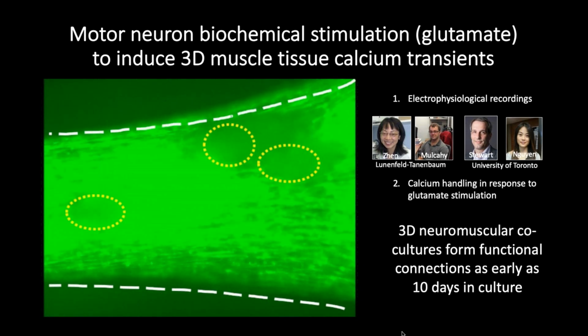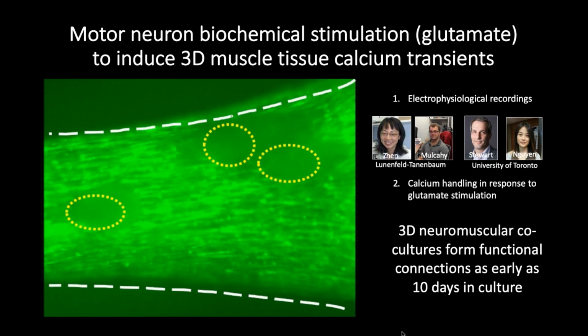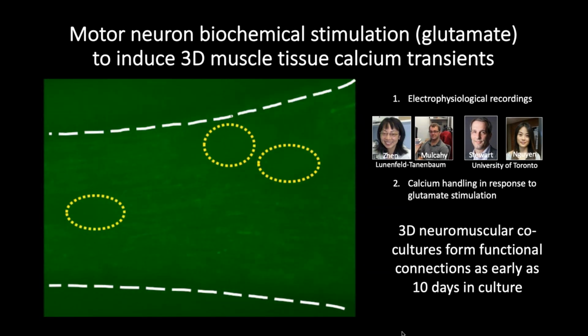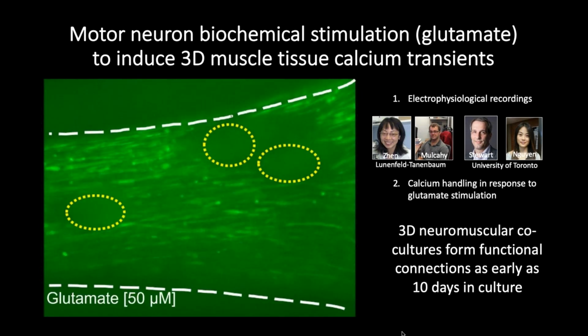And of course, if we add acetylcholine into the culture bath at this point to saturate all of the innervated or even non-innervated acetylcholine receptors, we see a very, very strong calcium transient. What's really striking about all of this is that these functional connections form in as early as 10 days in culture.